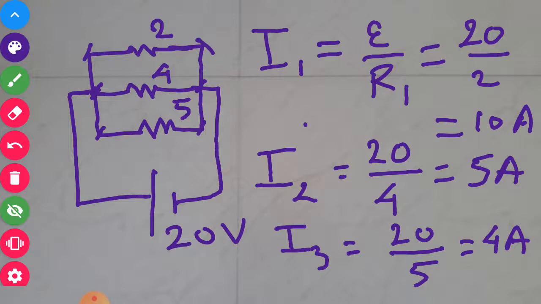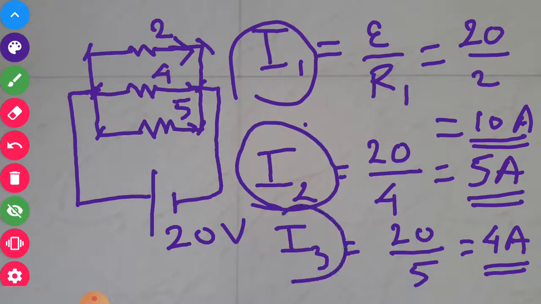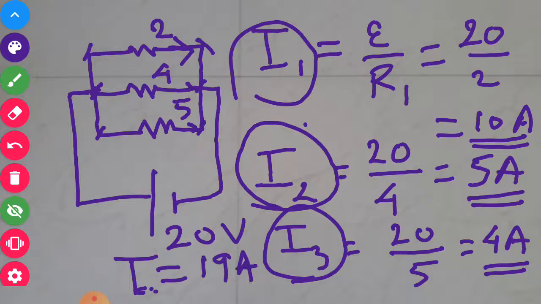If you add I1 plus I2 plus I3, then you will get the total current I, and that will be 19 ampere.